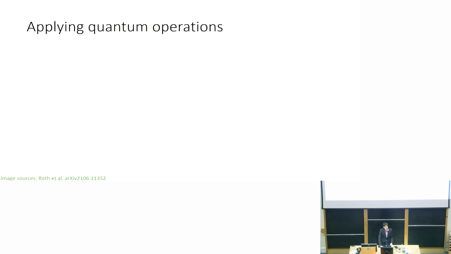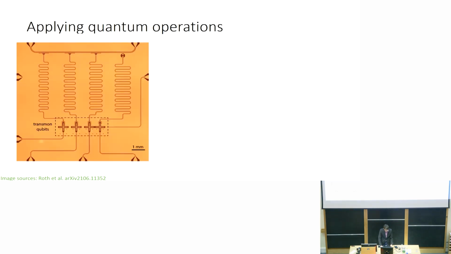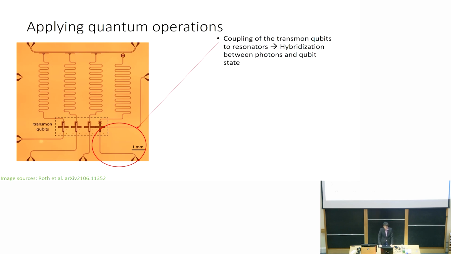So with this in mind, we can try to understand how you apply quantum operations on these levels. For this, I consider single qubit operations. Two qubit operations are similar. Basically, what you have here is a cavity, and you couple your transmon qubit to a resonator.